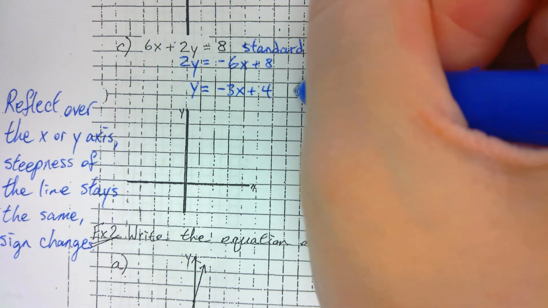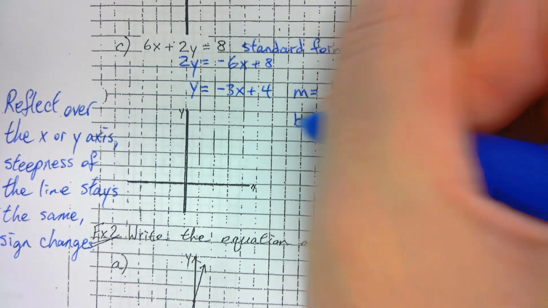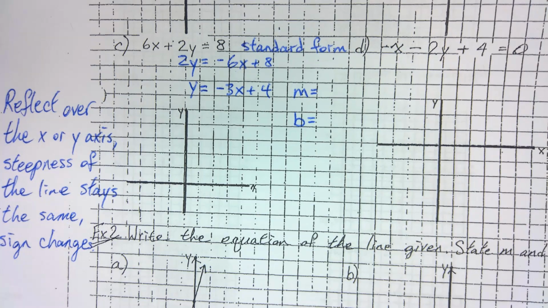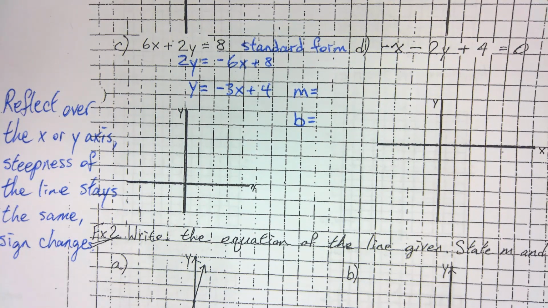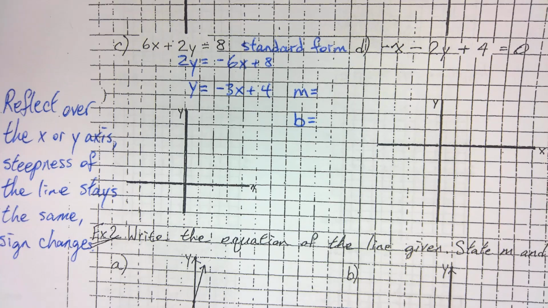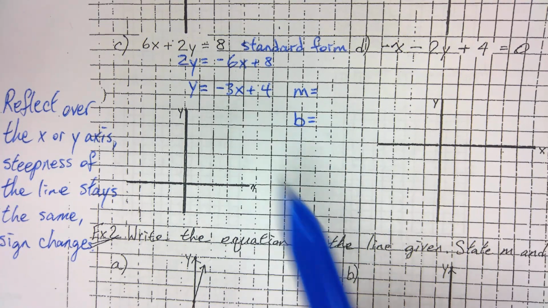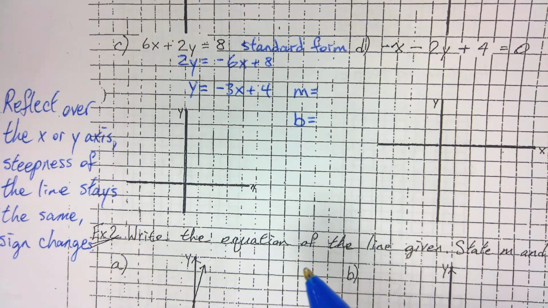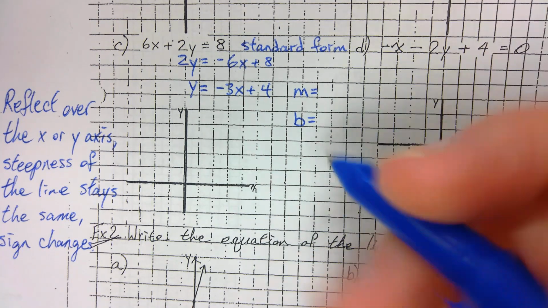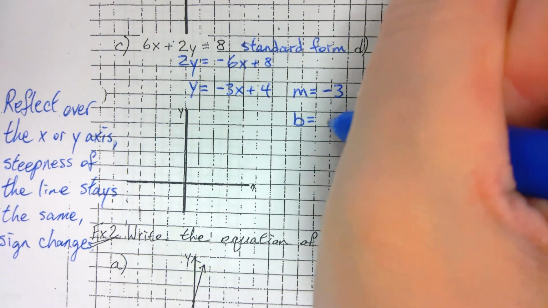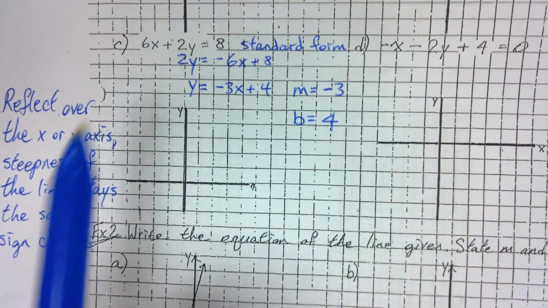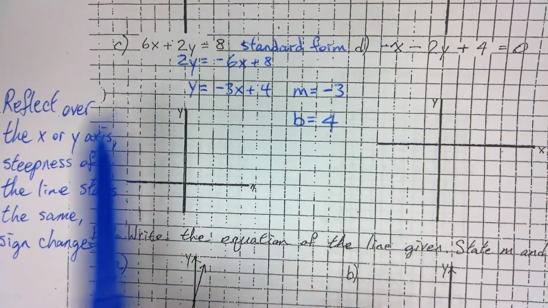So now what is my slope and what is my y-intercept? What's m and what's b? Let's see. Who should I pick on? Vanessa? Okay, what's my slope? What's my y-intercept here then? The slope is negative 3 and the y-intercept is 4. Perfect. Thank you. Okay, so you see it's not 6 and 8.